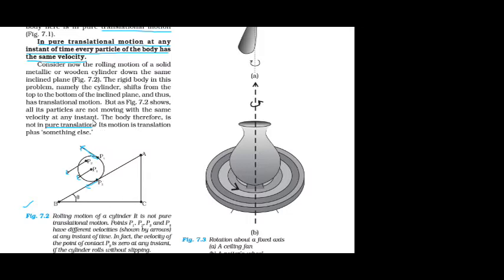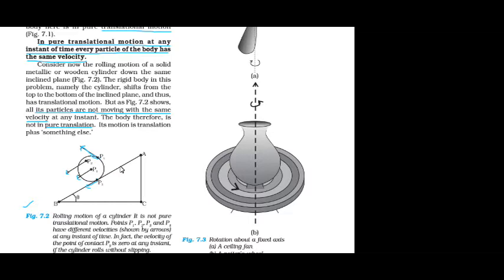In this way, the line is explained: its particles are not moving with the same velocity. Remember, velocity is a vector quantity. Of course, the magnitudes for particles P1, P2, P3 and P4 are the same.